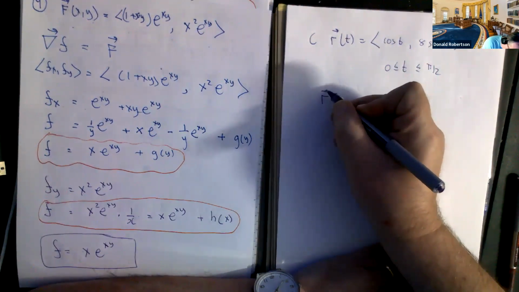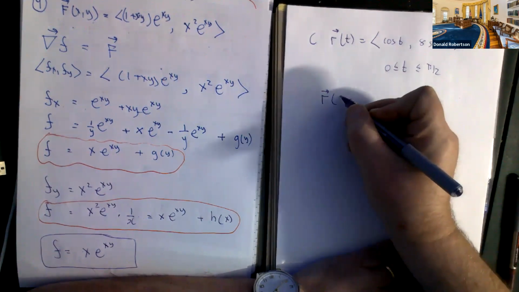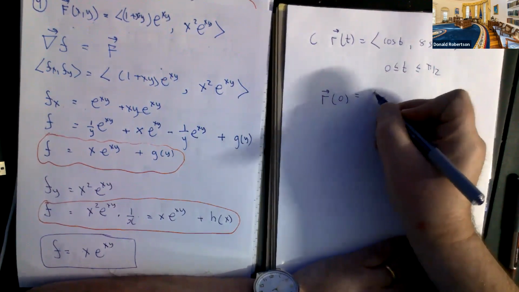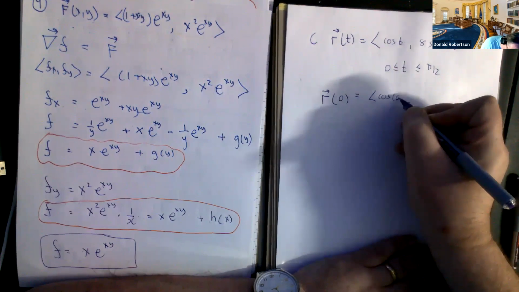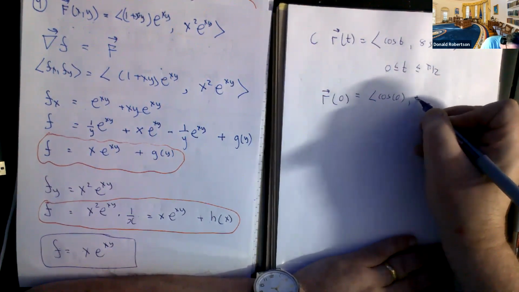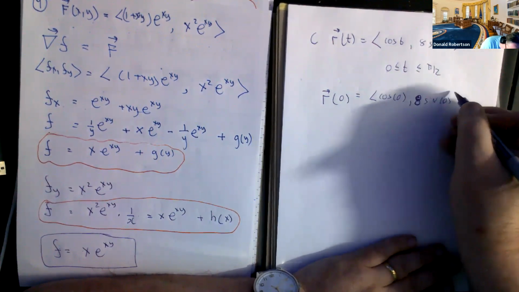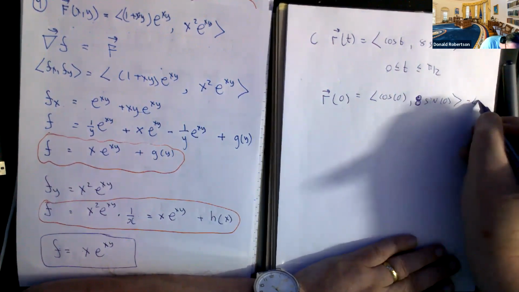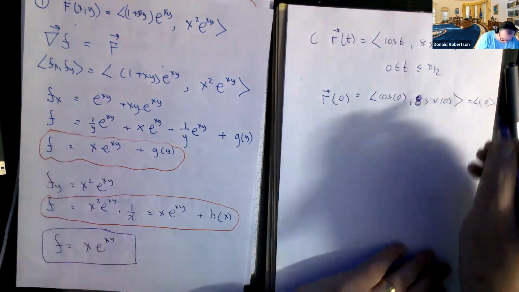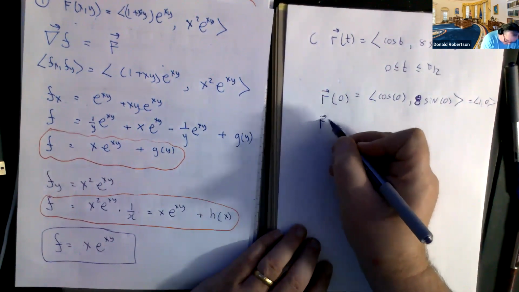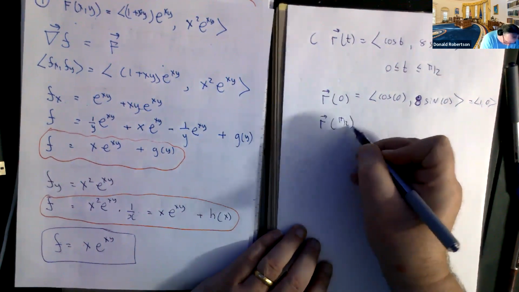So let's find the position at 0. That's the start. So it's going to be the cosine of 0, comma 8 sines of 0, and that ends up being 1, 0. And then we'll do the guy at pi upon 2.